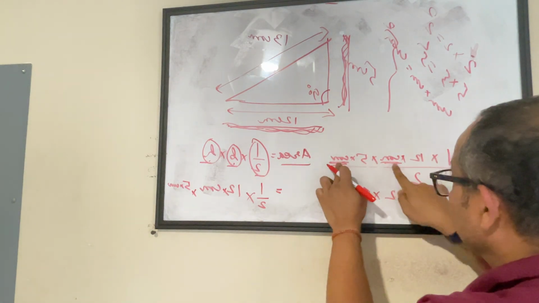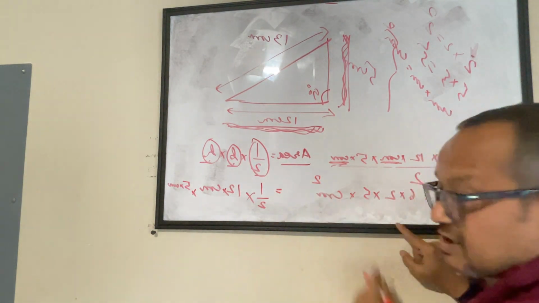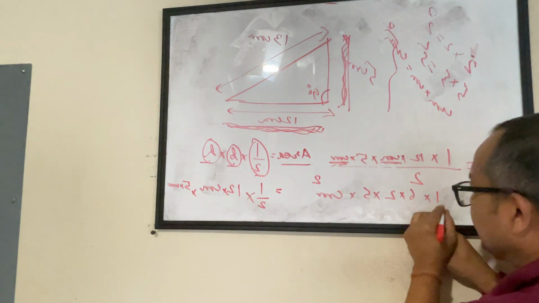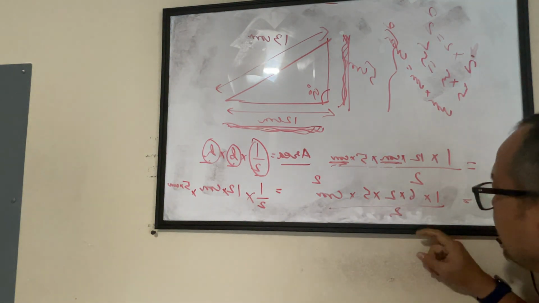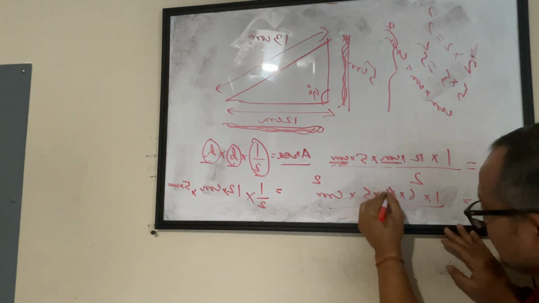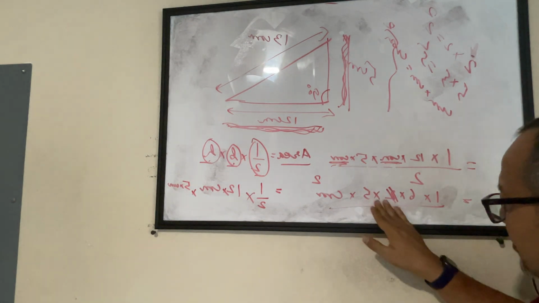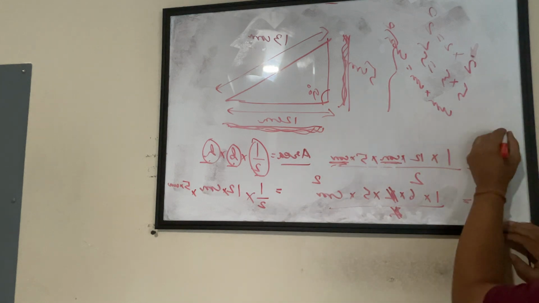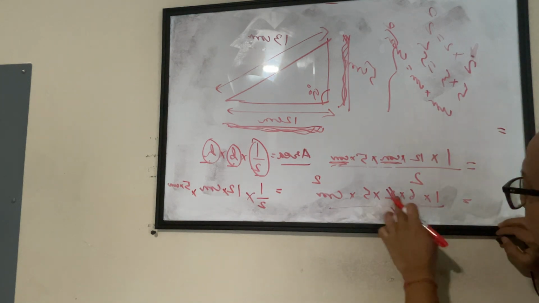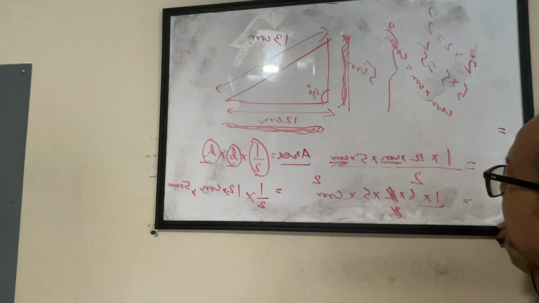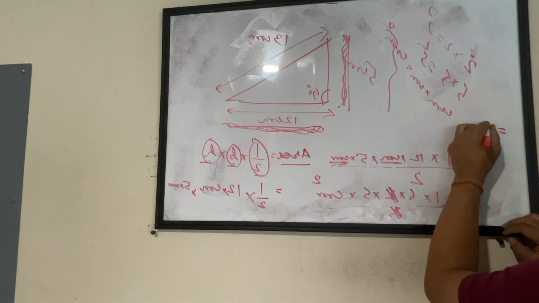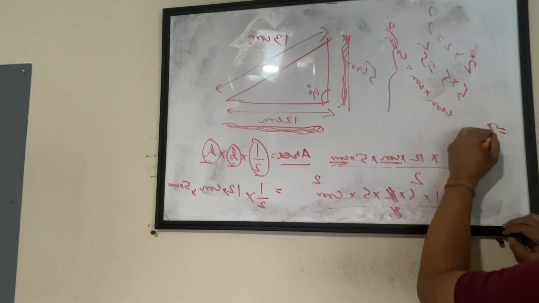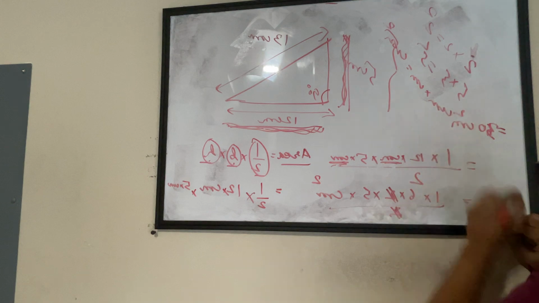So this centimeter I'm multiplying and making it centimeter square, and then I'm putting this 2 here. Now I can do tic-tac-toe. This 2 and this 2 gone. What am I left with? I'm left with 6 into 5 centimeter square. 6 into 5 is 30 centimeter square.